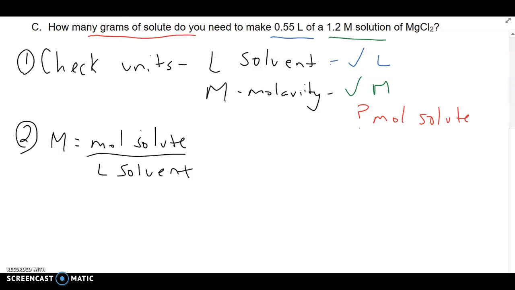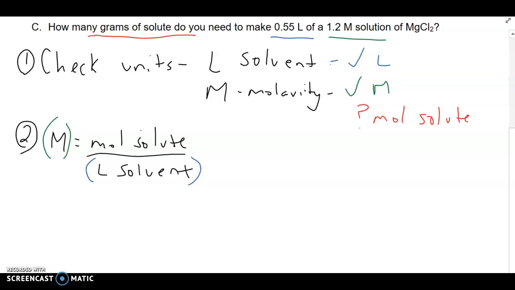We are given our liters of solvent, and we are given our molarity, the concentration of our solution. We need to find our moles of solute. So we need to rearrange this, and a lot of times what you guys do, and I do this too, is plug things in and then solve for it. So let's do that.